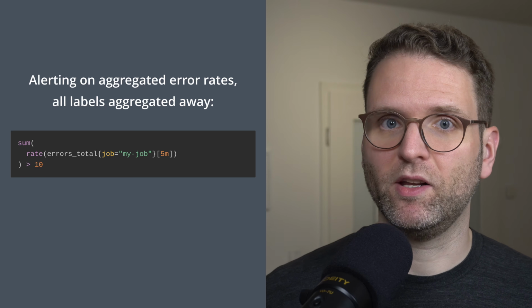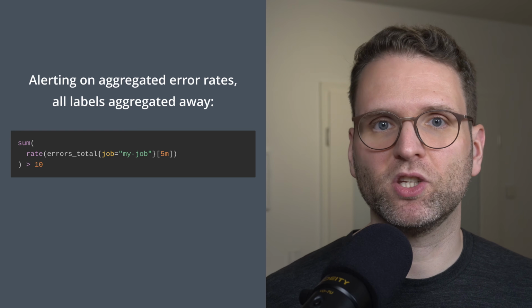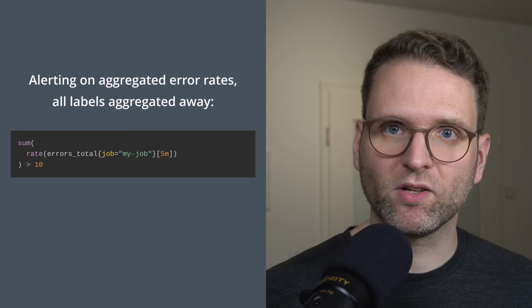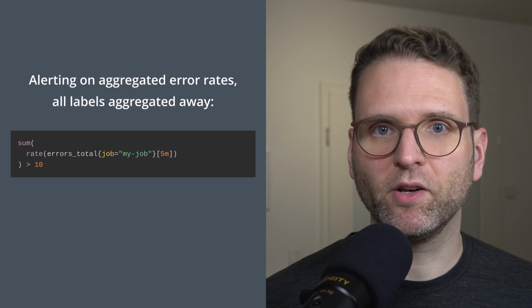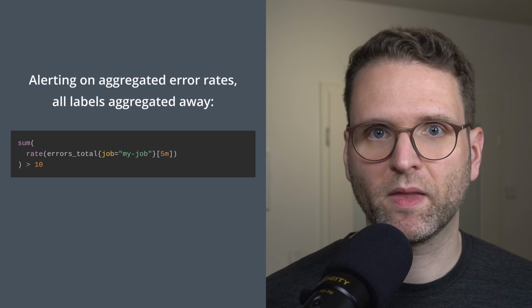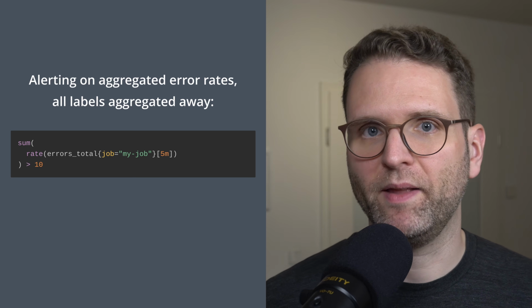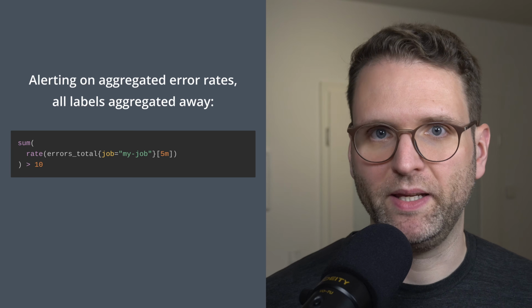So for example, in the alert manager, all the routing, aggregation, silencing, inhibition, and so on happens based on the labels of your alert, and the final notification will also often contain all alert labels. So the more labels you preserve early on in the pipeline, the more useful your alerts will be.